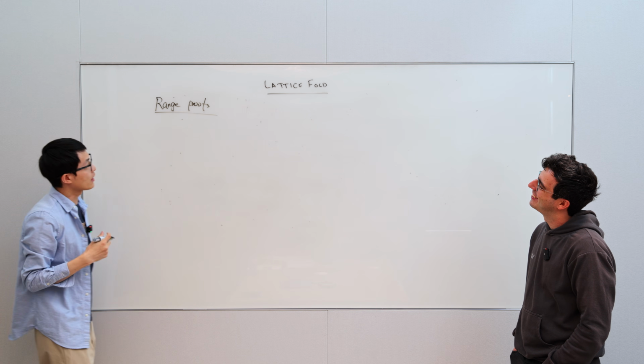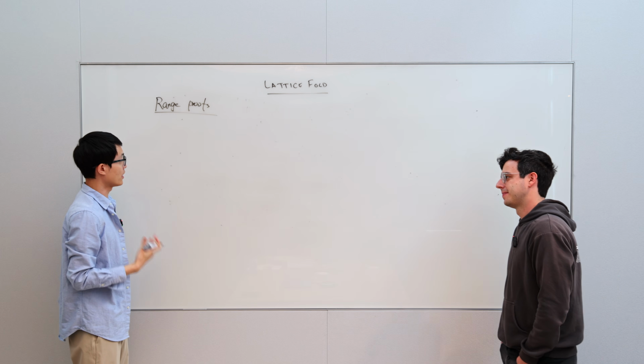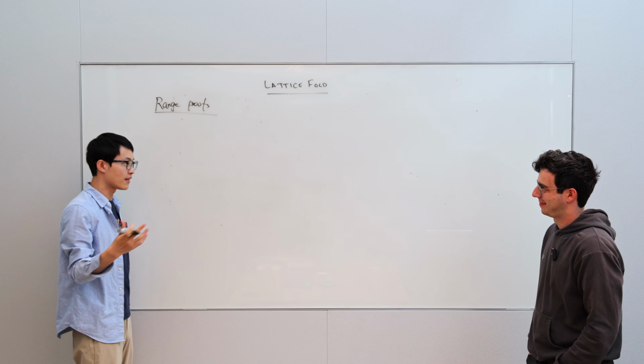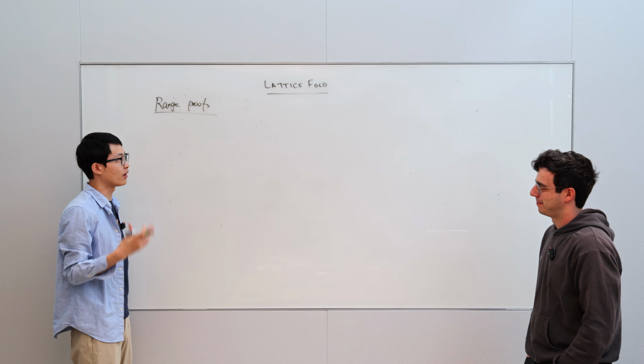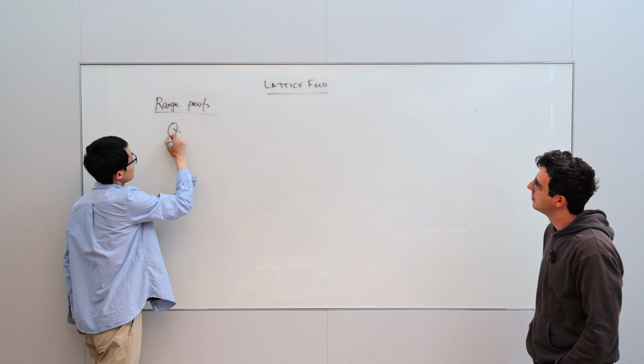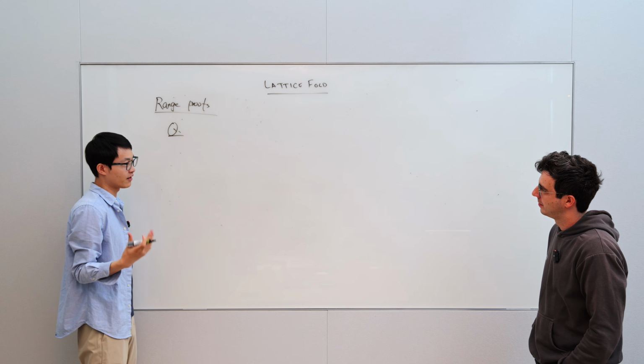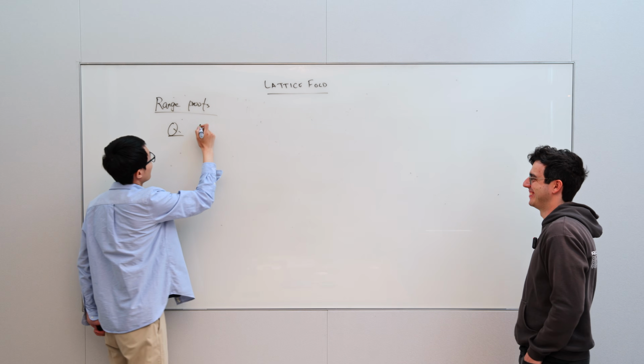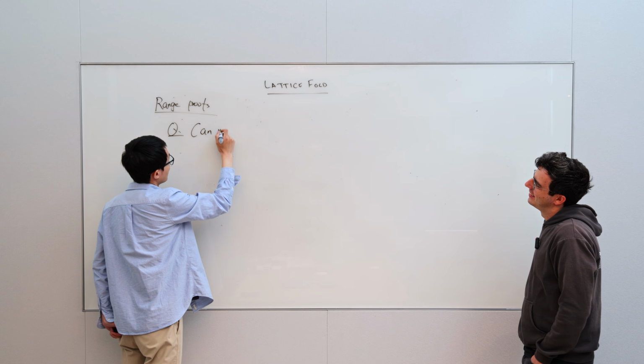So before I start explaining how LatticeFold does range proof, I want to help those audience who are already familiar with the background ask one question. Do we need to reinvent the wheel, right? Can we just use existing techniques?